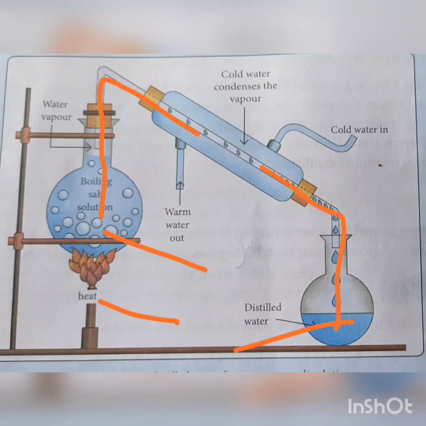The salt is left behind in the round bottom flask. This way, the common salt is separated from the salt solution and distilled water is obtained through the process of distillation. The distilled water is used by doctors and chemists to prepare various medicines and solutions. In laboratories, special apparatus is used to obtain the distilled water.